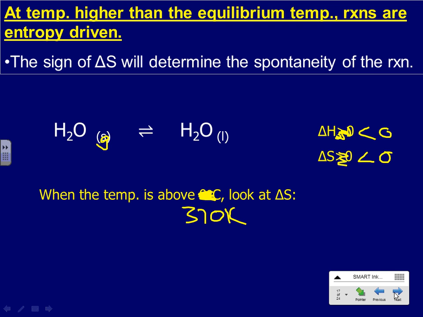This is true for all equilibrium ones, whether they're both up or both down, right? But depending on which way the delta S and the delta H is, that's what's going to determine where your spontaneity is.